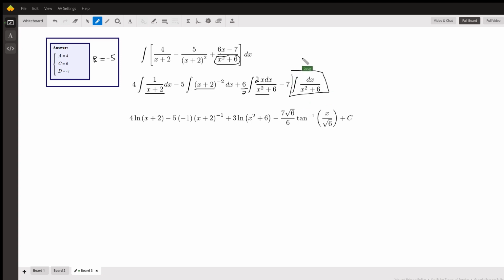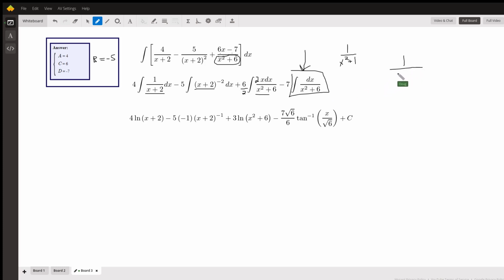That's the hard one. This is where you have to realize that 1 over x squared plus 1 has an antiderivative of inverse tangent of x. We need a 1 here. So I won't go into all the details. Hopefully you know how to do that.